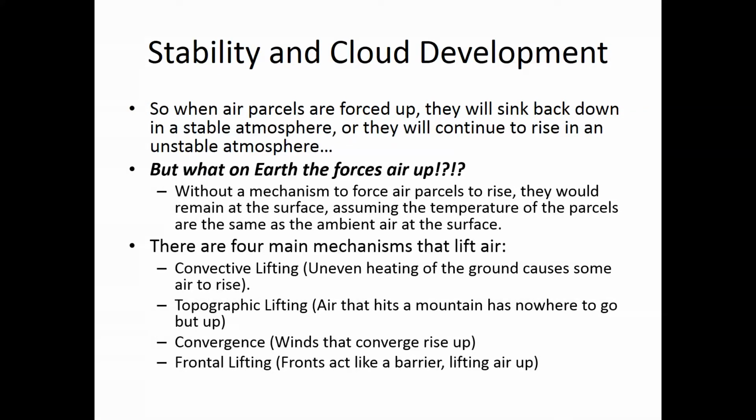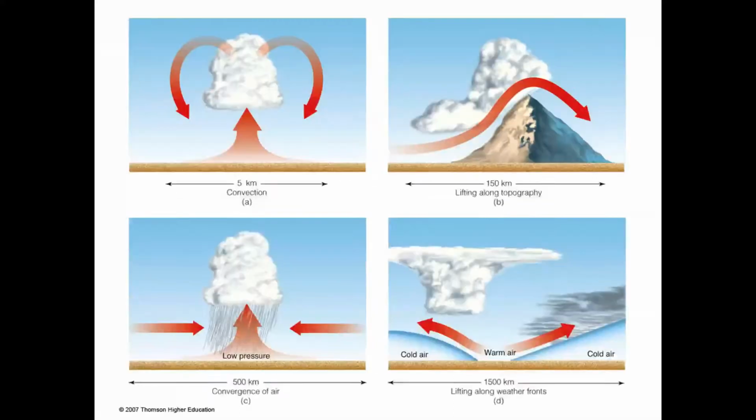Now, let's jump in and talk about each one of these. So, here they are right here, all just taken from the textbook. And what you see is, in the case of convective lifting, you have air from the surface that just rises because it's been heated. In the case of topographic lifting, air is pushed along a mountain, forced to rise up and over the mountain.